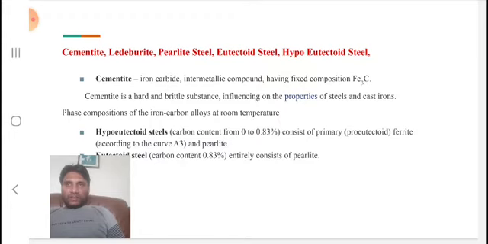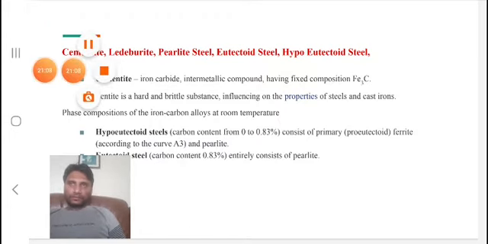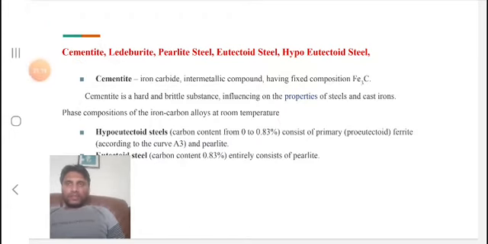And cementite is an iron carbide intermetallic compound having fixed composition Fe3C. Cementite is a hard and brittle substance influencing the properties of steels and cast irons.